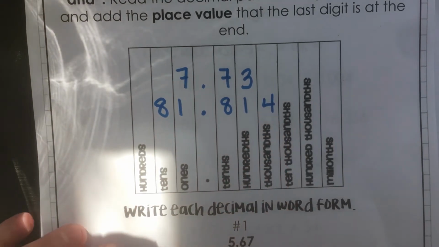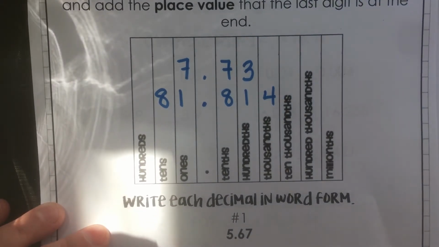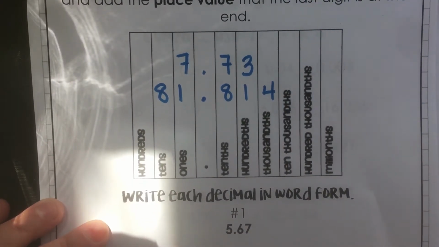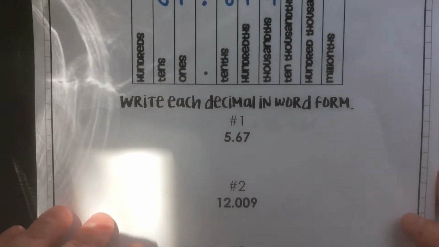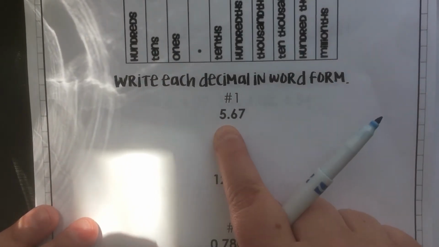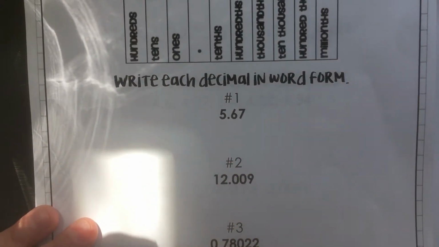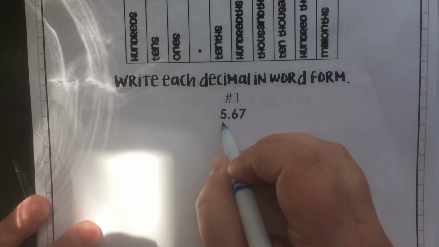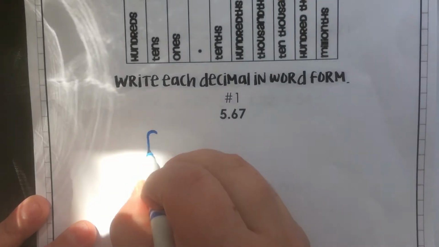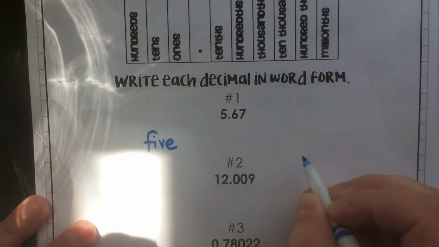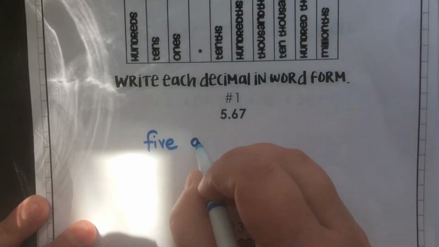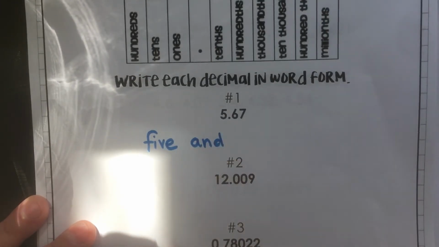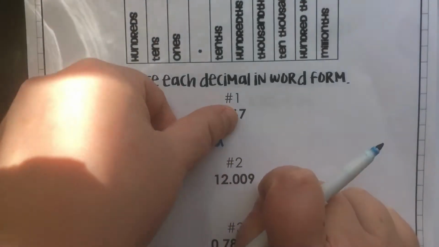All right, so we're going to practice that. We have 3 different numbers that get harder each time. The first number, we're going to actually write the words for this. So we read the whole number first, 5. We put the decimal as "and," and then let's read the second part of the number.